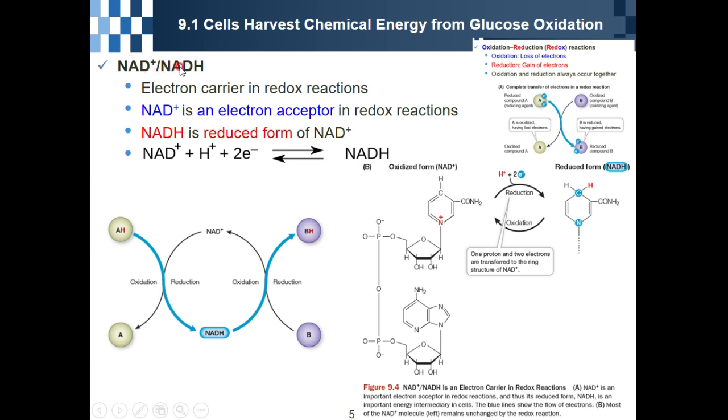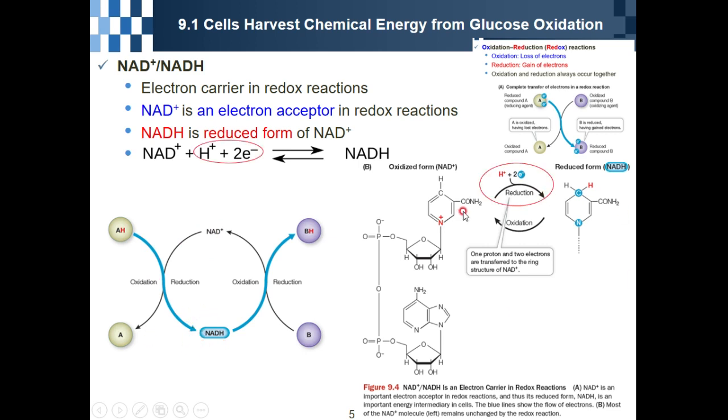These two molecules are called electron carriers in reduction and oxidation redox reactions. First of all, NAD+ is the electron acceptor. NAD+ is changed to NADH like this.